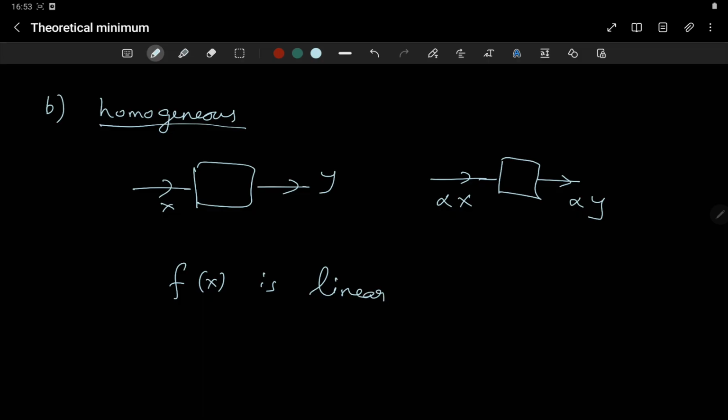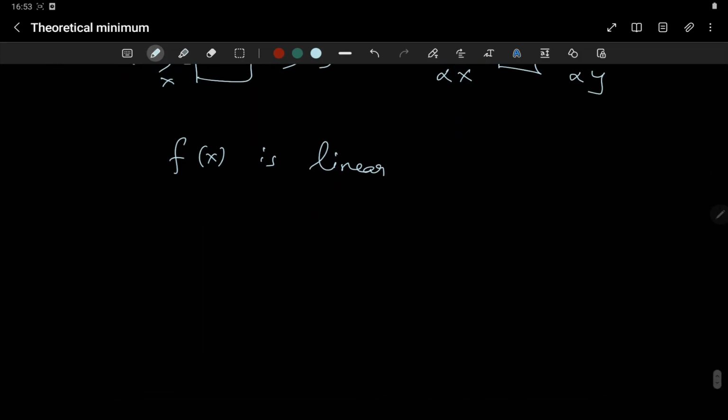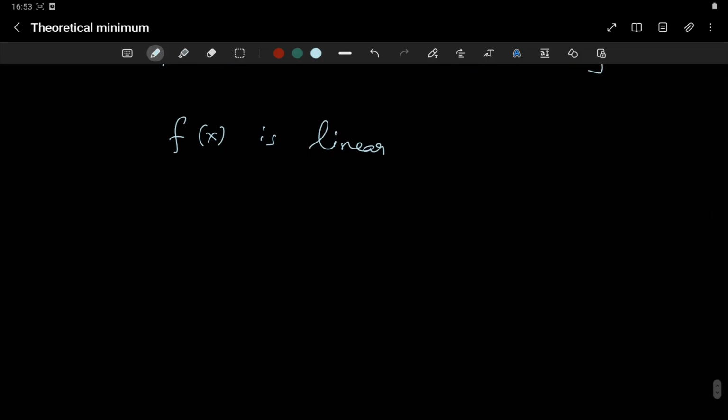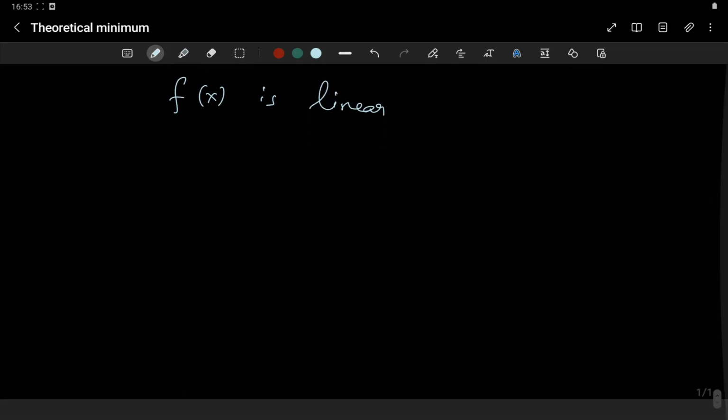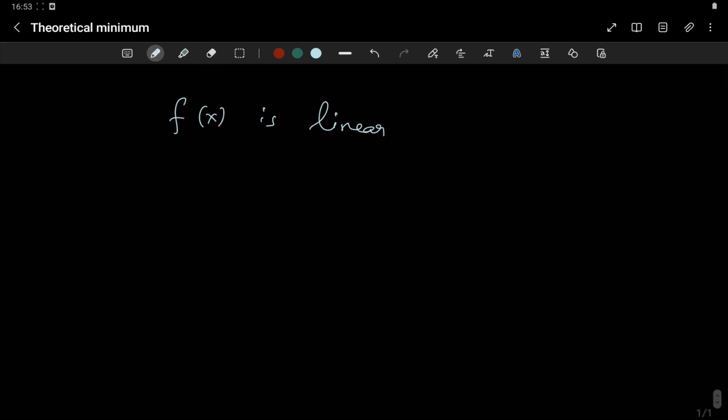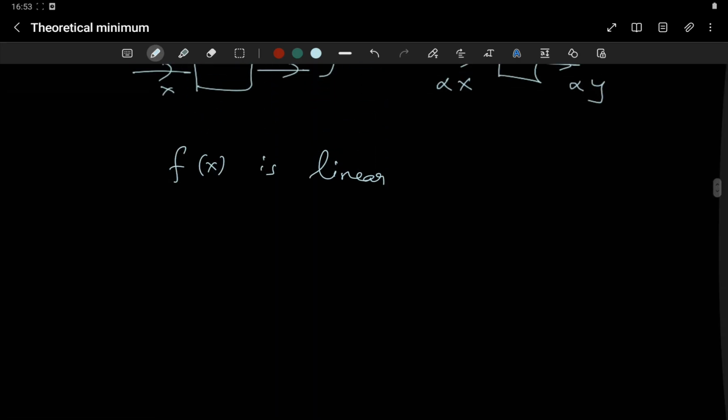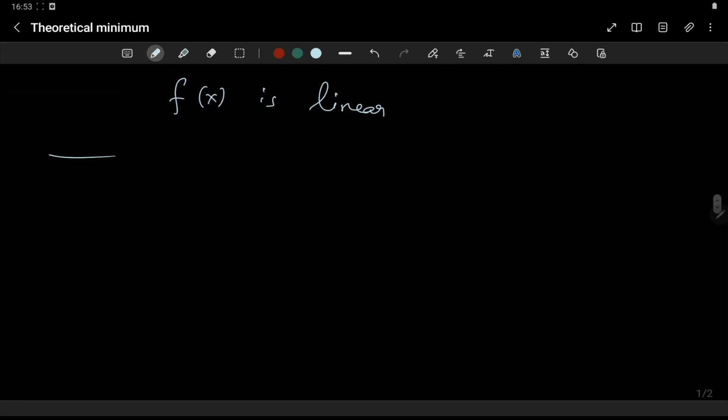Now, what is linear in this linear algebra? That we'll discuss. Now say you have a matrix A, and you multiply A on x, and you are getting another vector.